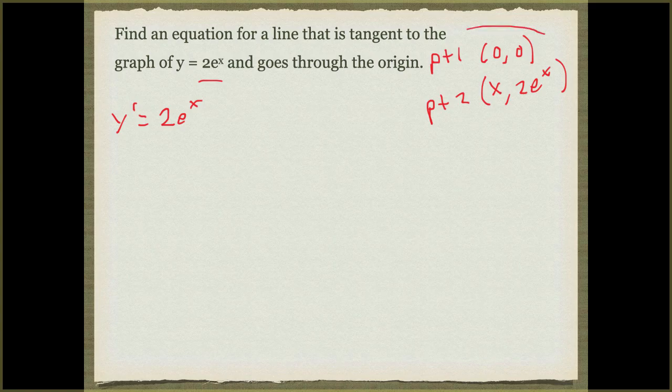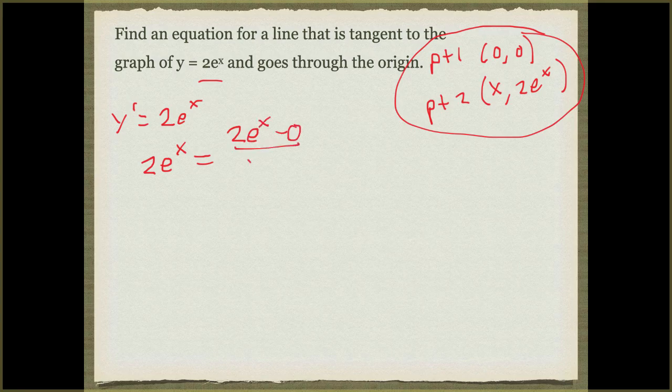We also know we have 2 points, so let's use our slope formula. Set our slope equal to our points in the slope formula. So 2e to the x has to equal our y values over our x values using our slope formula. So 2e to the x equals 2e to the x over x.